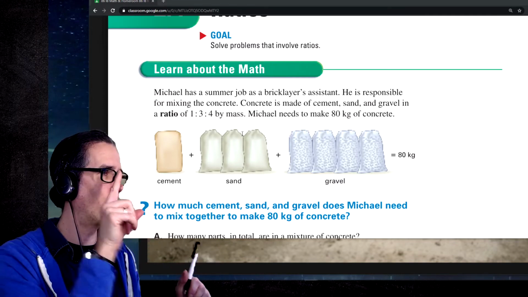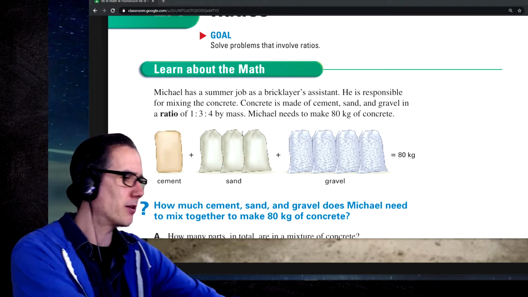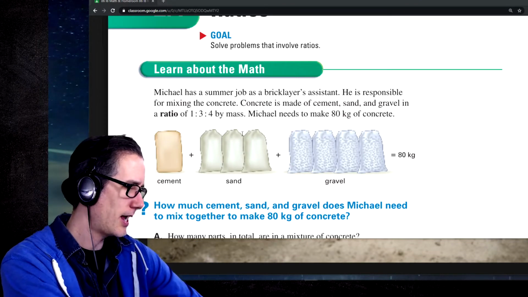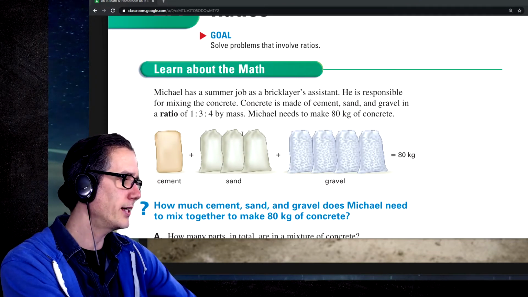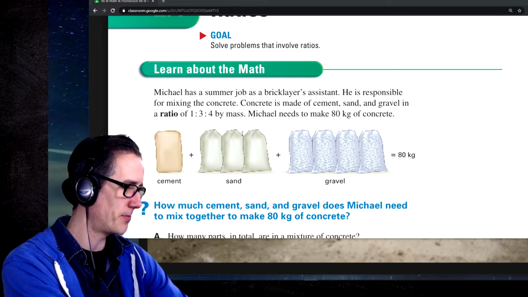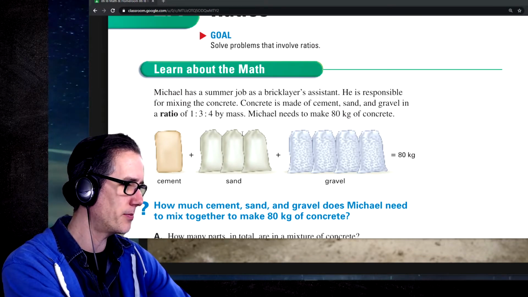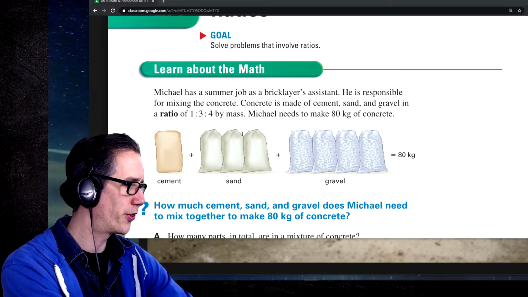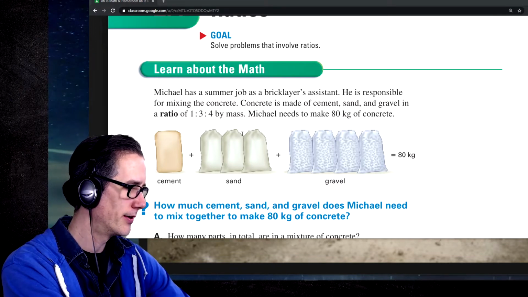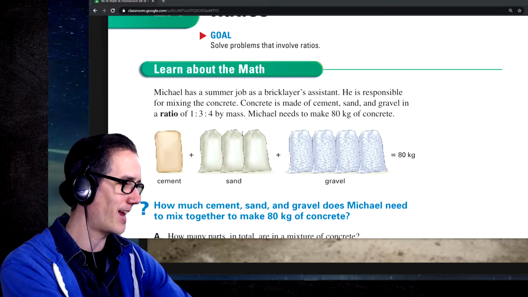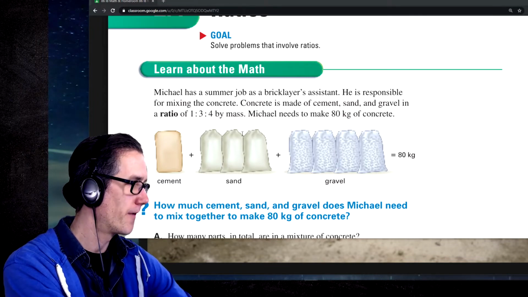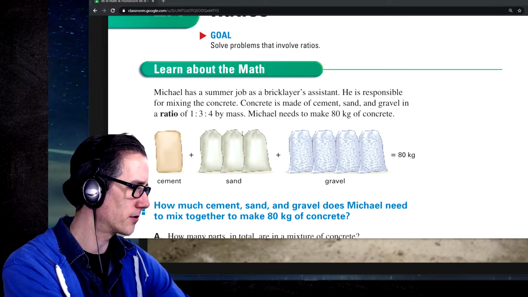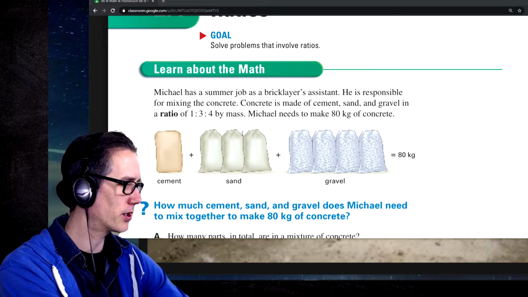Let's say Michael just made concrete and he used 1 kilogram of cement. And he's got 3 kilograms of sand. And he's got 4 kilograms of gravel. And that will make your concrete.